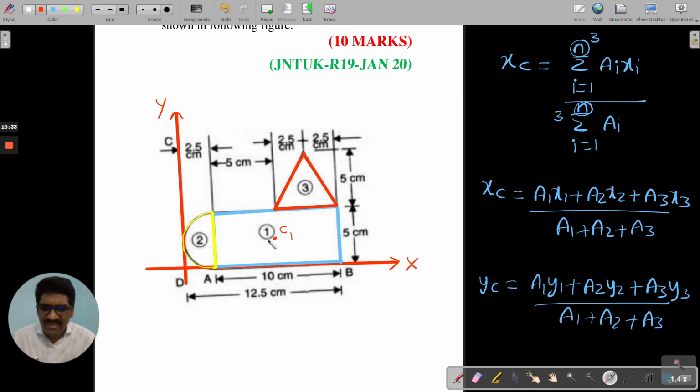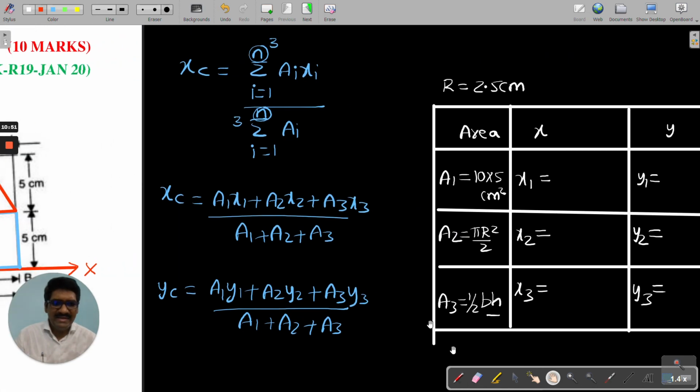For this rectangle, if the base is 10, this has to become 10 by 2, nothing but 5. So from here to here, this is 5 plus 5. Therefore, this has to become 10. Here I am taking it as 10.